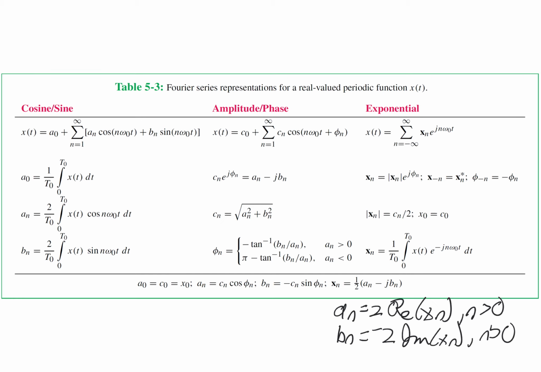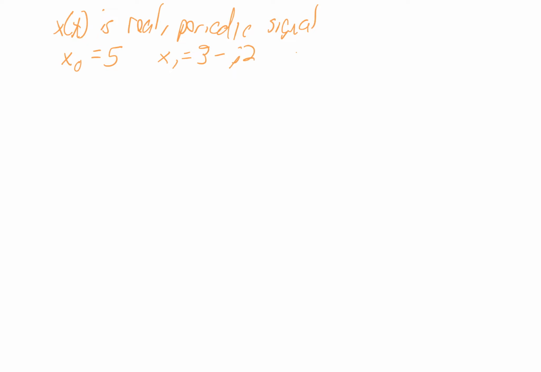Going back to the previous slide, let's have as given a real signal that's periodic. And we'll give some terms of its exponential Fourier series. We'll give that x of 0 is equal to 5, x of 1 is equal to 3 minus j2, x of 2 will be equal to j4.